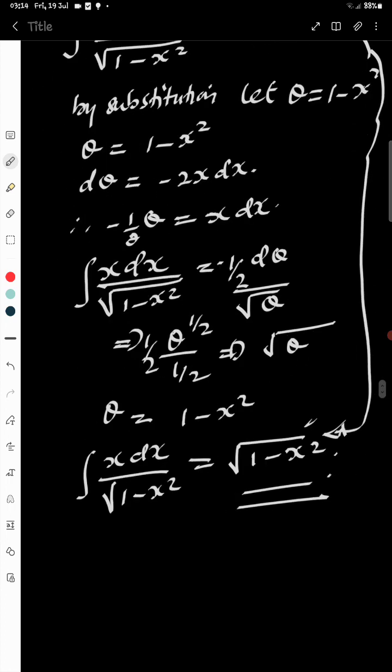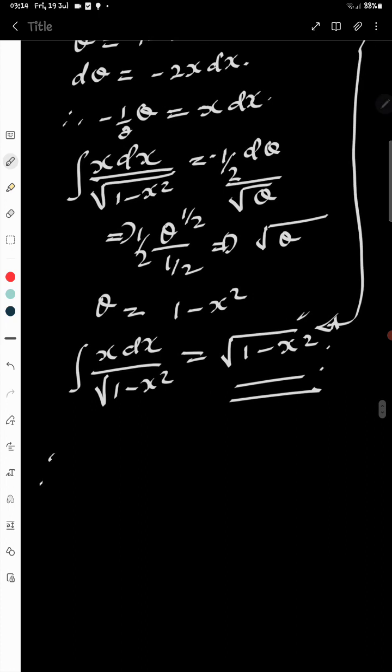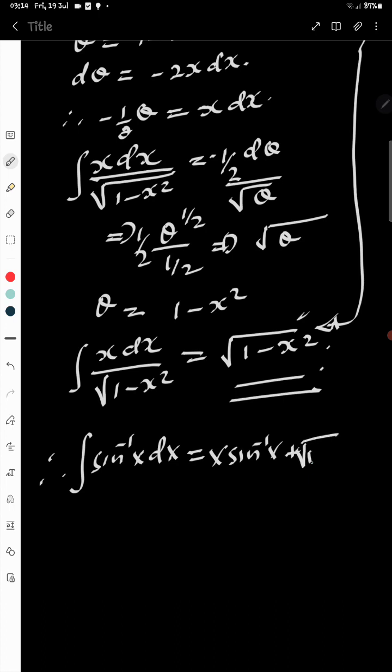Therefore, the integral of sine inverse of x dx equals x sine inverse of x plus root of 1 minus x squared plus a constant.